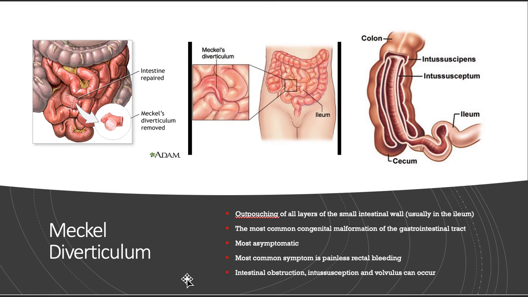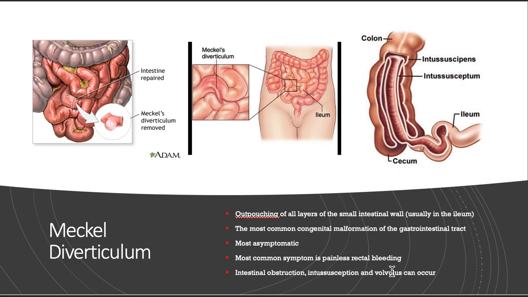So this isn't an adult who develops abdominal pain because they've got that little outpouching in their large intestine. This is different. Here's a nice picture of it: this little diverticula sticking out in the small intestine.